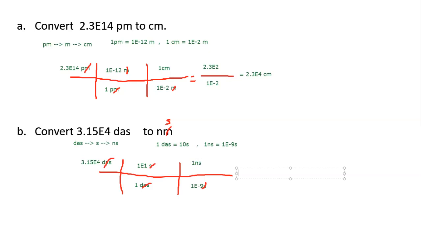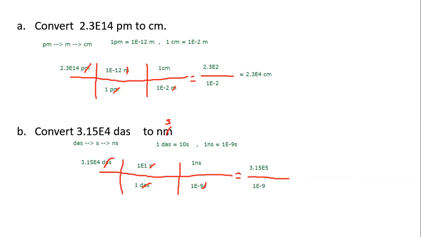So 10 to the fourth times 10 to the first is 10 to the fifth. If we do it in 2 steps, we do the top part first, we get 3.15 e to the fifth, and then we still have 1 e to the negative 9.